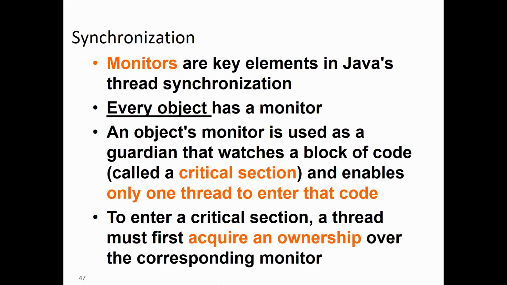It causes only one thread to be inside. If any other thread wants to access the same critical section, not other sections, it will be stopped. So the trick is that when we are entering a critical section, a thread takes the ownership over the corresponding monitor until it finishes.